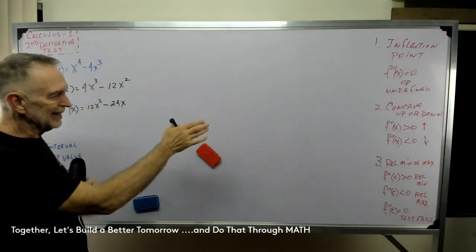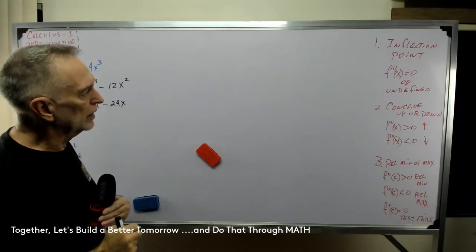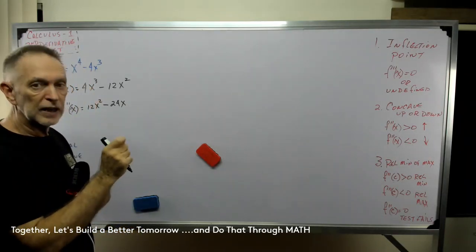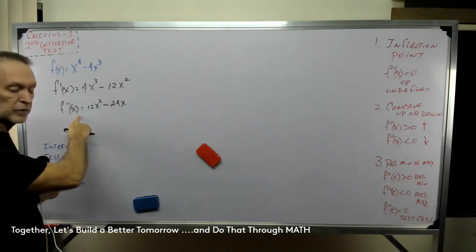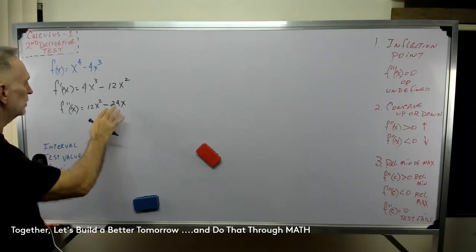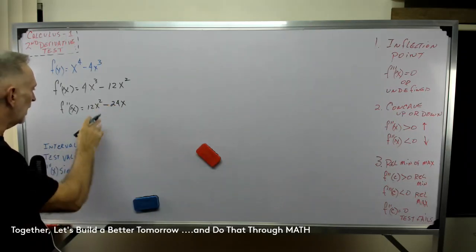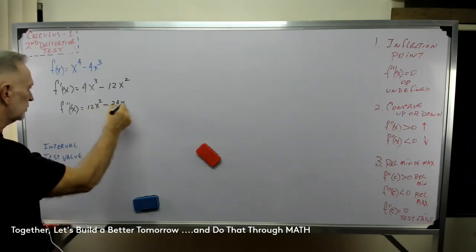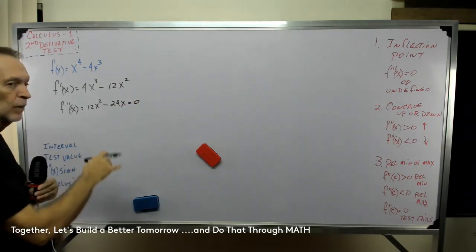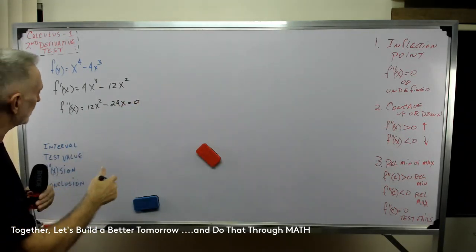Now it said if we wanted to look at the inflection points, we needed to set the f double prime equal to 0, and find values of x that solve for that. So in this, we're setting that equal to 0. So hey, when in doubt, do what? Factor.